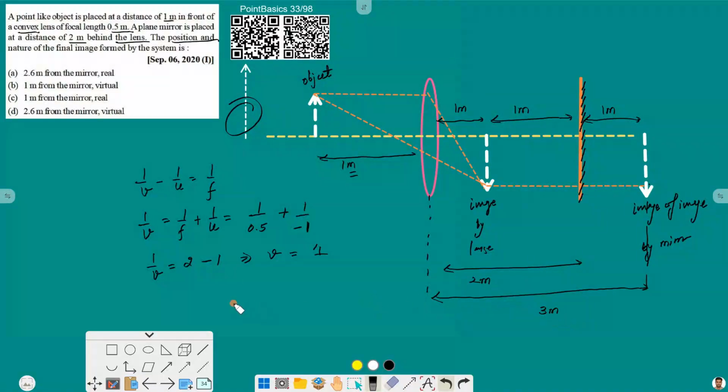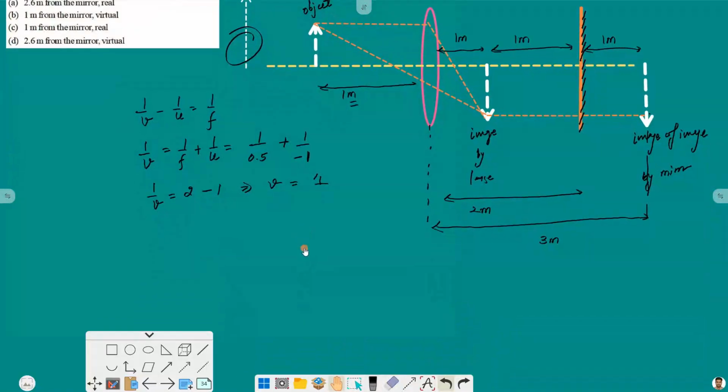So now we can again apply the lens formula, that 1 by v minus 1 by u is equal to 1 by f. Again, this was the first image by the lens, and this will be the second image by the lens.